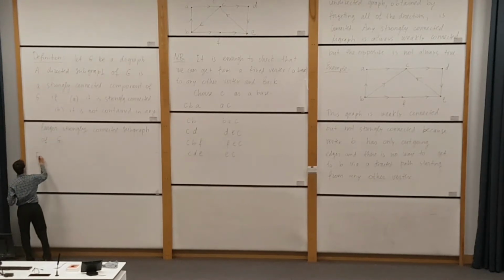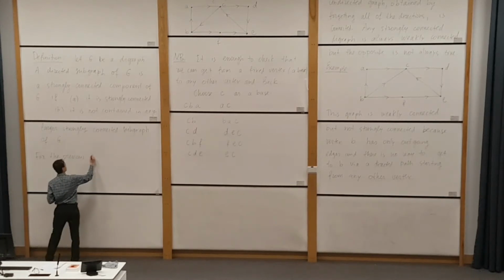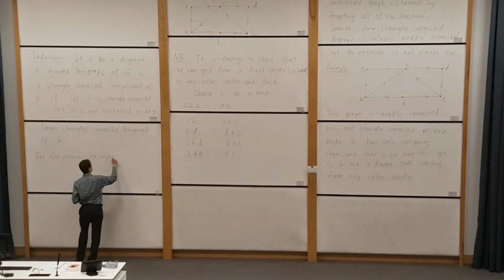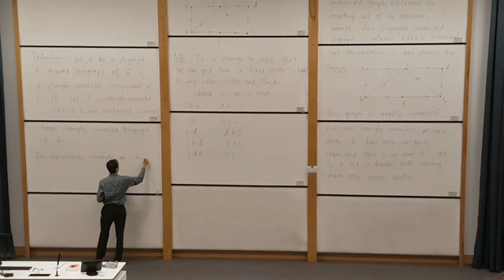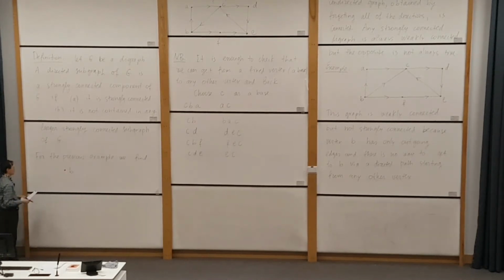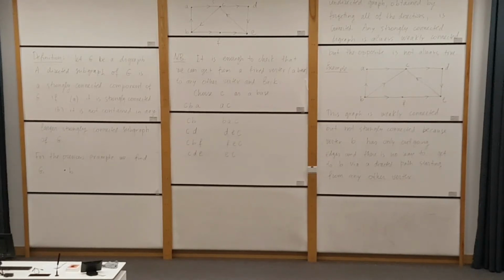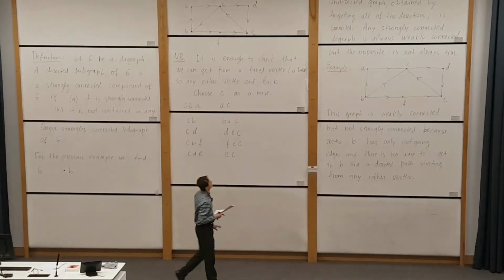So for the previous example, firstly, we find that B, just the vertex B, without any other vertices added to it, we can call G1. So that's our first strongly connected component. I start with it because I noticed it before. That was the culprit of not having strong connectedness.